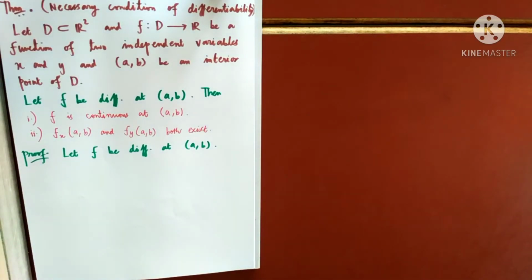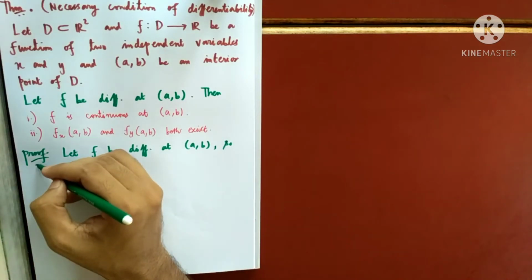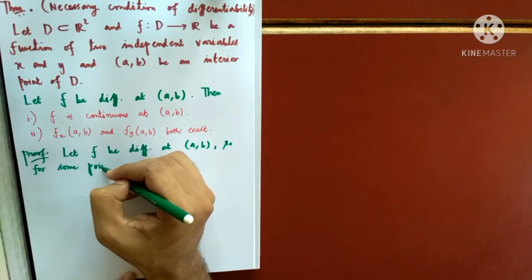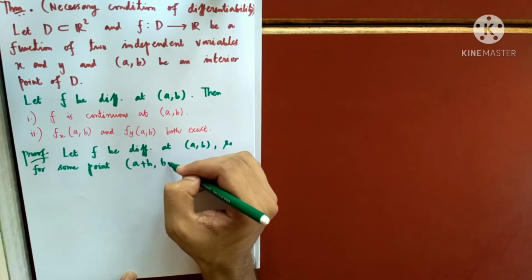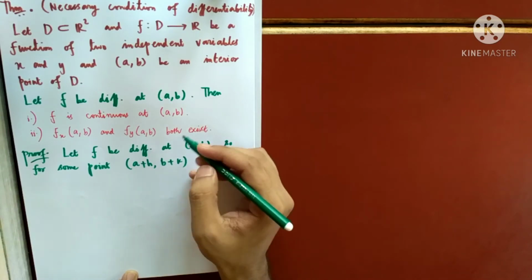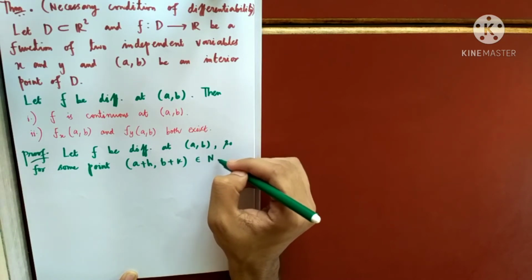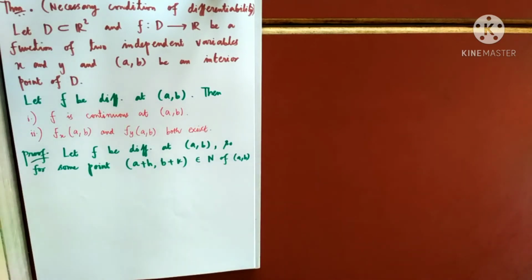So what I know is that the increment can be expressed in that manner. Let's write it down. For some point a plus h comma b plus k belonging to the neighborhood N of a comma b, you can write that N is the neighborhood of a comma b.